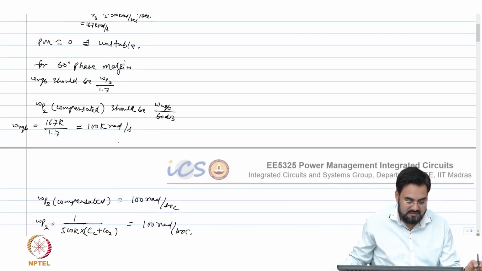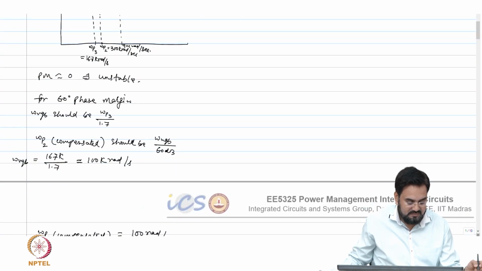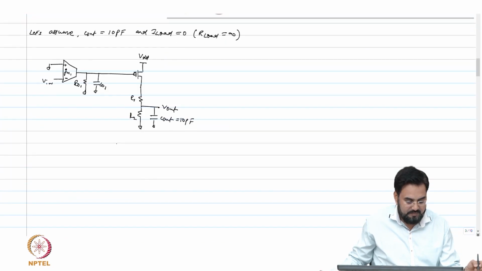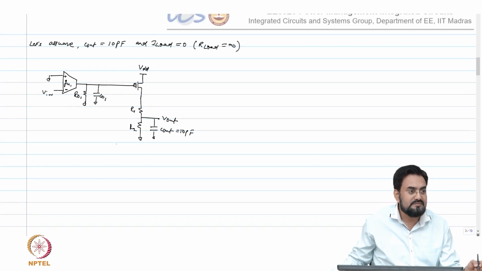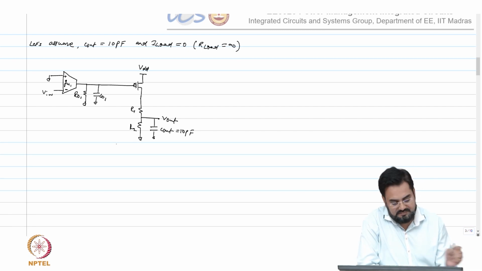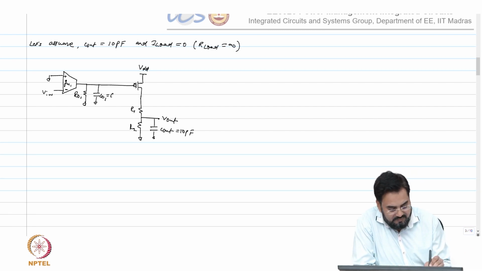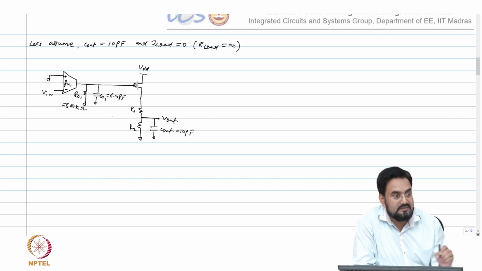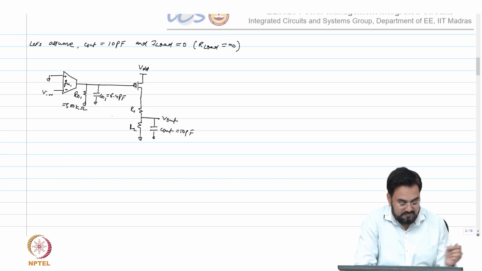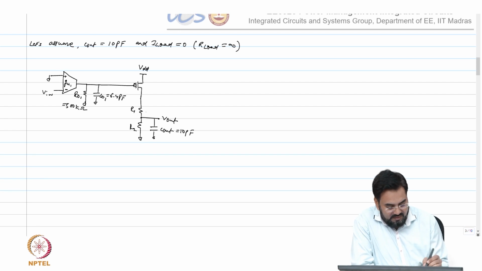Anybody remember? 4.6 picofarad or 6.54, and this was I think 500k. Correct. Now let's assume this is 50k and this is also 50k.